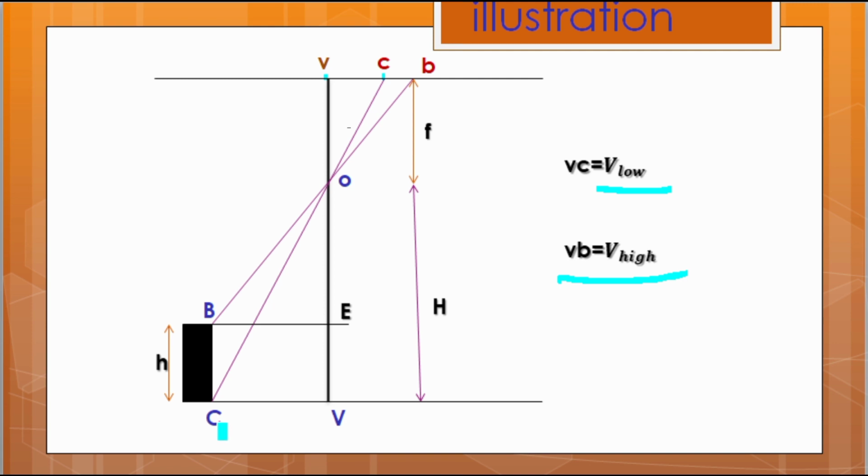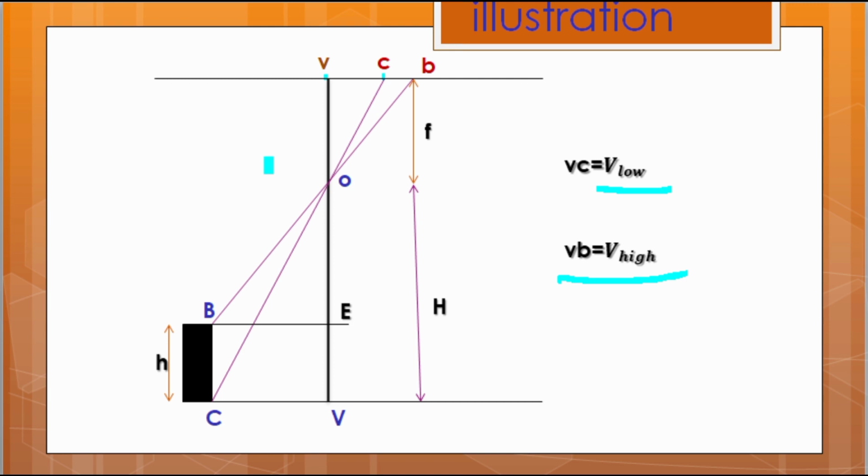Here we have the height of the building represented by B and capital C. Then here we have our V, that will be used later, then our E, and then our O. All these data were used in order for us to have the representation rightly here in our illustration.